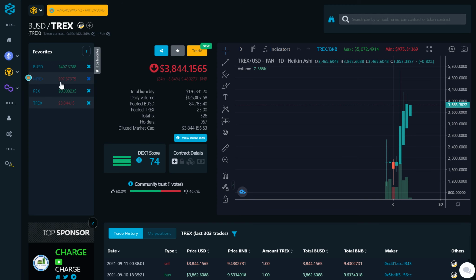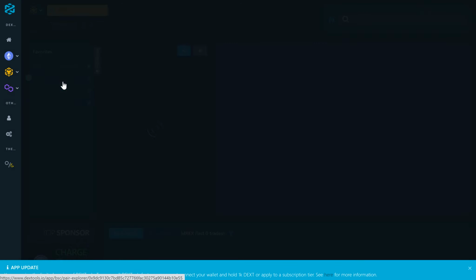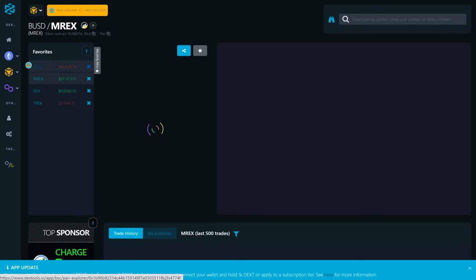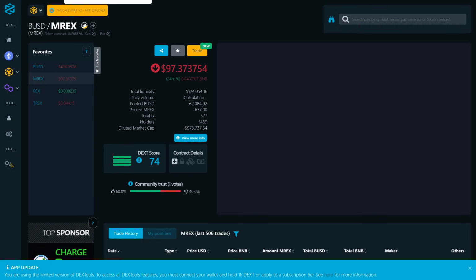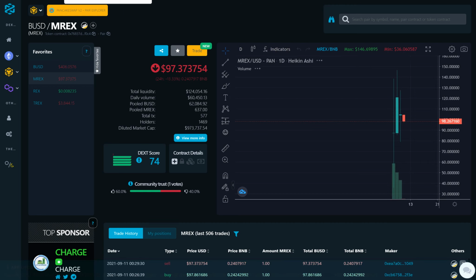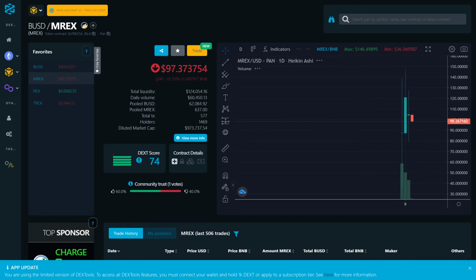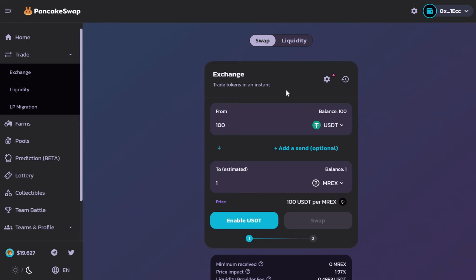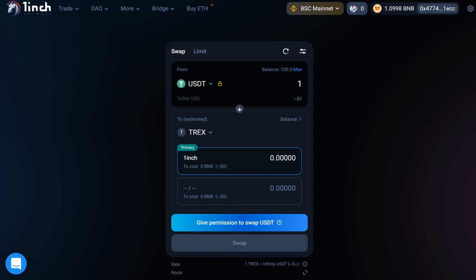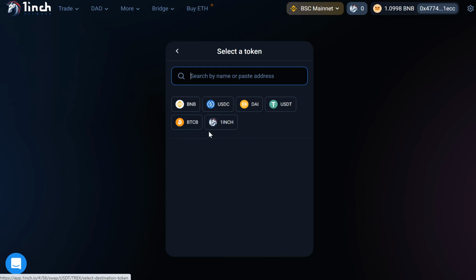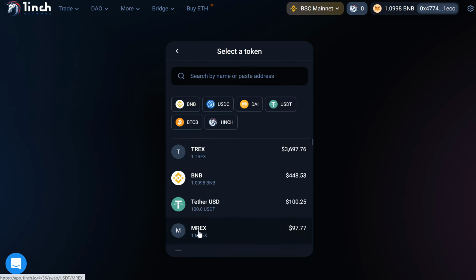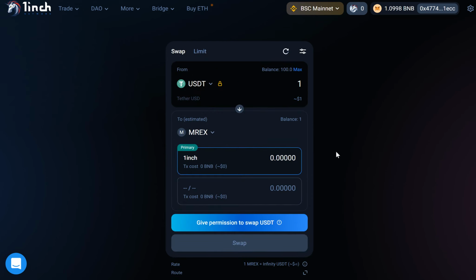Right now for an MREX, it's $97. At the time on the website, it cost 0.1 BNB for one MREX. So basically the value of MREX has doubled. And you can buy it on PancakeSwap, or again, you can use 1inch, an aggregator of some other sort. So you can see here, MREX. All right, so that's essentially how you can obtain MREX.